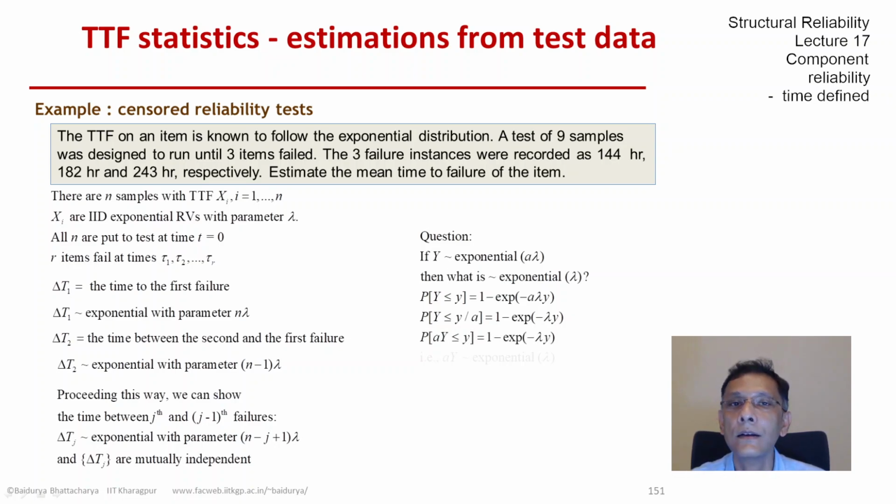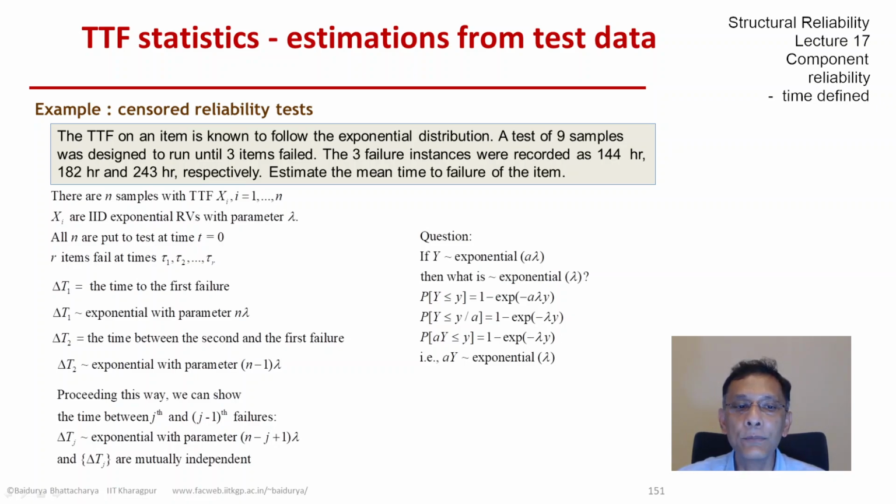Then we could interpret that as aY being less than or equal to little y. So clearly, what is exponential with parameter lambda? It is aY. A times capital Y is the random variable that we are looking for.